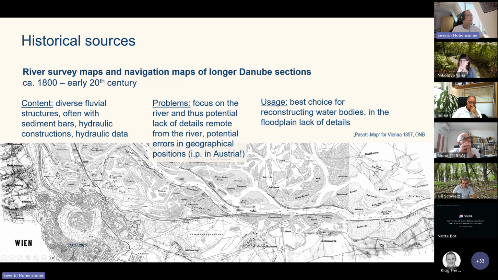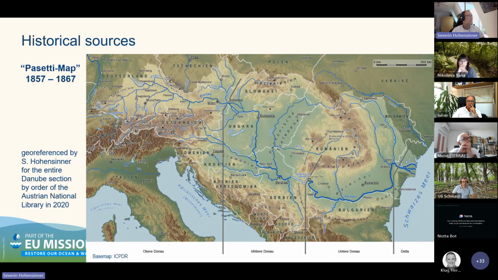And yeah, the Bassetti map, very well known, I georeferenced it for the National Library in 2020. And in fact, there are two types of the Bassetti map, the so-called Schifffahrtskarte der Donau 1857. This was the first map series.